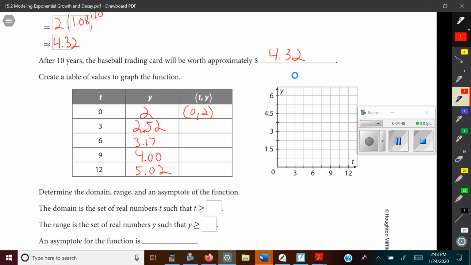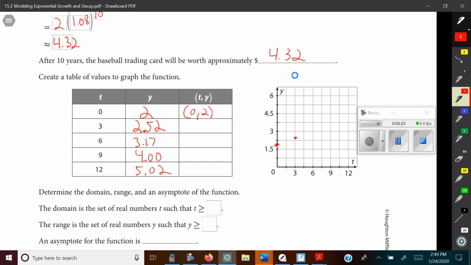You go over to 0 and go up to 2, which is about here. It's kind of hard to graph, but 2 will be in between 1.5 and 3 here. You come over to 3 and go up to 2.52, just about here.